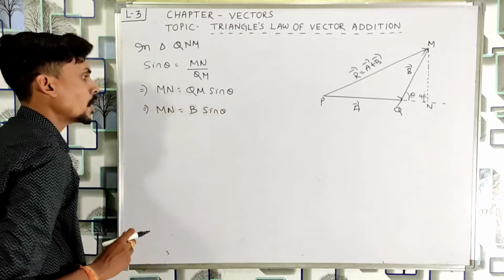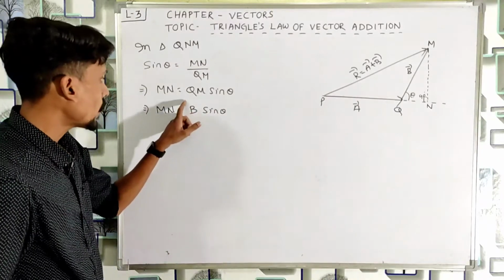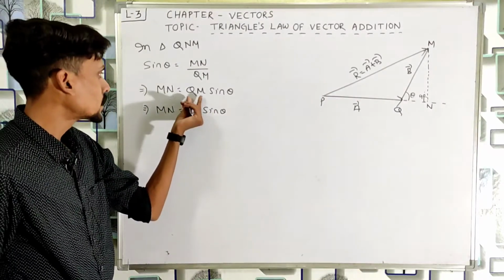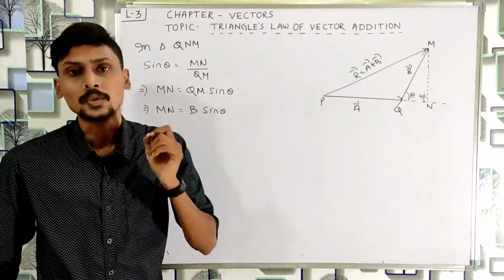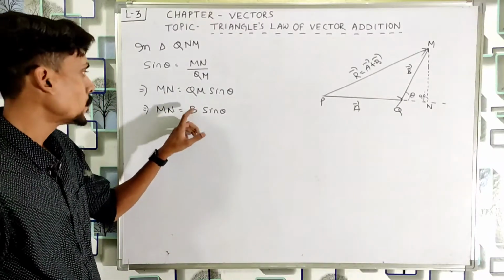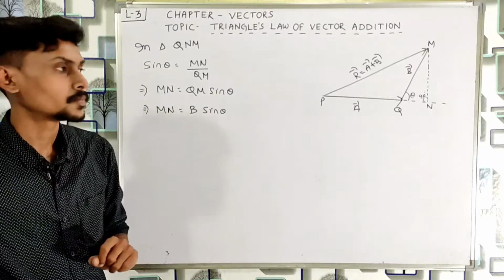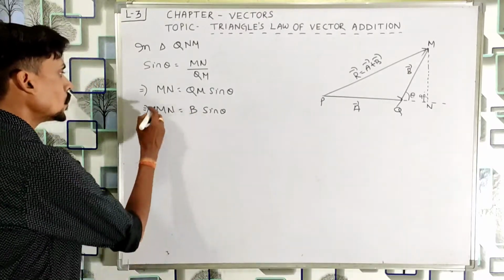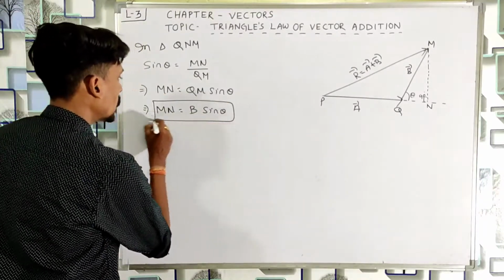In place of Qm, I have written B. Don't give a vector sign, because this length will represent only the magnitude, not the direction. Is that clear? I have not given a vector symbol here. So Mn is equal to B sine theta.